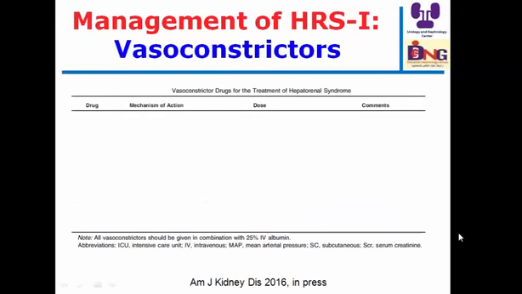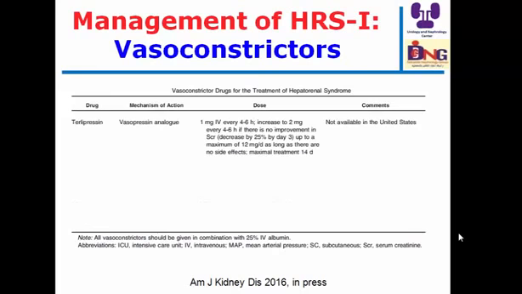How to treat hepatorenal syndrome? To support the hemodynamics by vasoconstrictors, to vasoconstrict the splanchnic vessels, and at the same time we give albumin. The best drug, as you see here, is terlipressin.